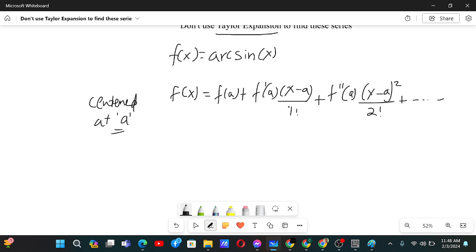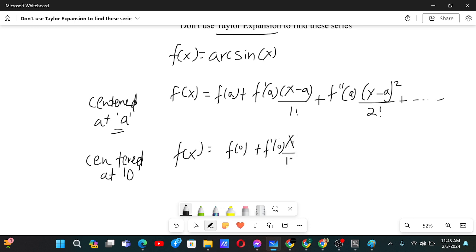Now if you want to center this expansion around 0, that gives us the Maclaurin series, and that will be f of x equals f of 0 plus f dash of 0 x by 1 factorial plus f double dash of 0 x square by 2 factorial, and this goes on. And for the radius of convergence we need to find it out by ourselves. The series does not guarantee what the radius of convergence is.